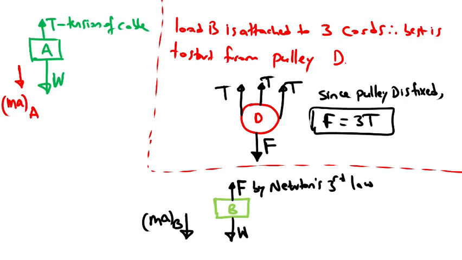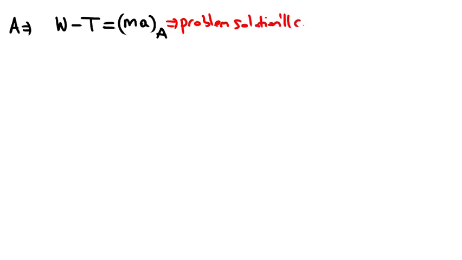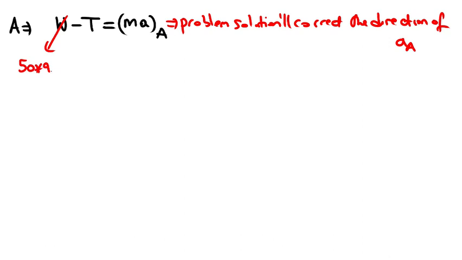We will select downwards as positive. Then for A, W minus T equals M A. As always, the problem solution will correct the direction of A. W here is known because A is 50 kg, so that will be 50 times 9.81.